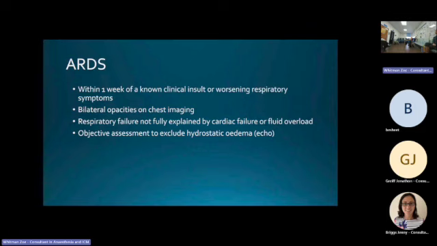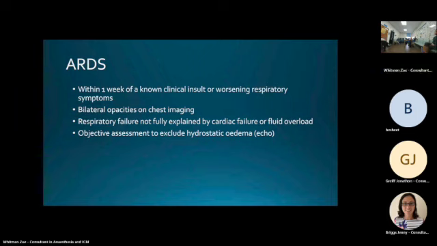It's acute, so it happens within a week of a known problem, and that might be infection of the lungs, it might be septic shock with another source, as part of the sepsis syndrome, or it might be something else that causes a problem, such as massive blood transfusion or poisoning. I know they had one at Glenfield last year who'd been struck by lightning that caused ARDS. It's not a common thing, but it can be caused by pretty much anything.